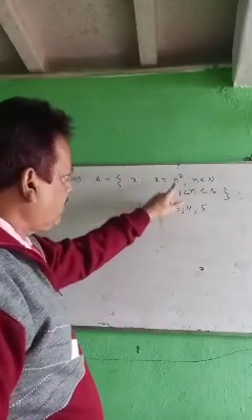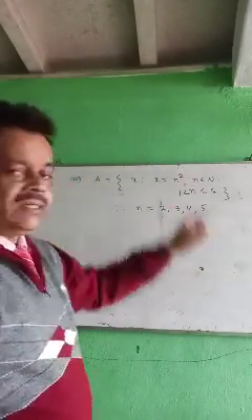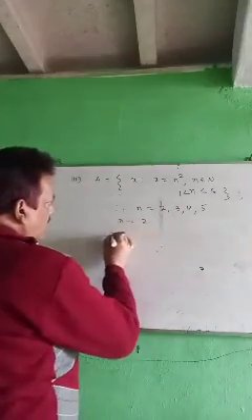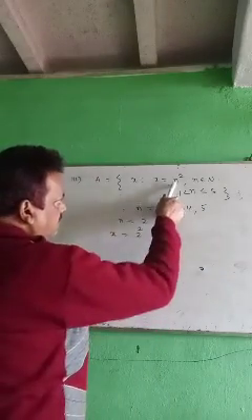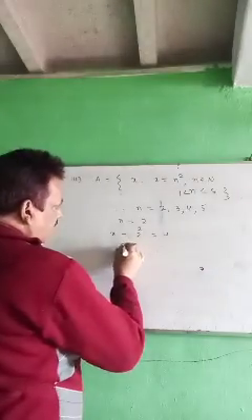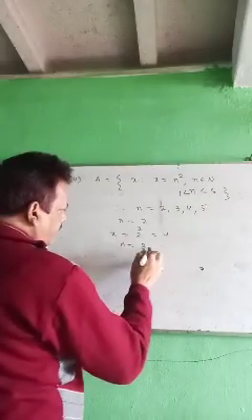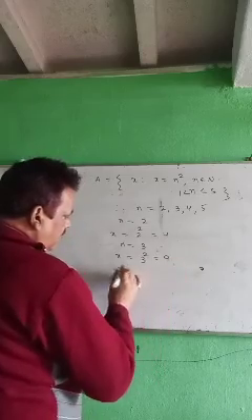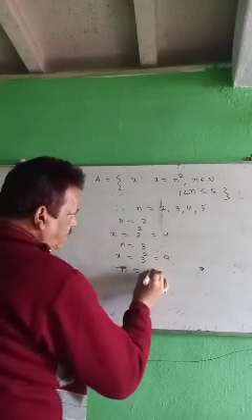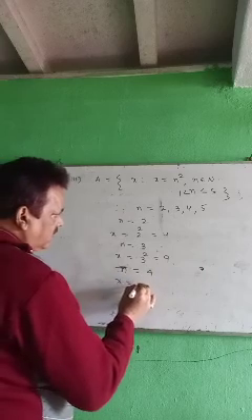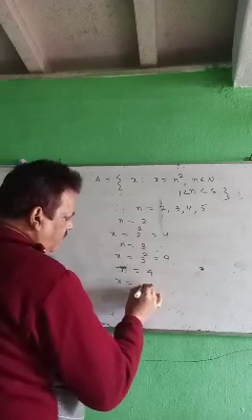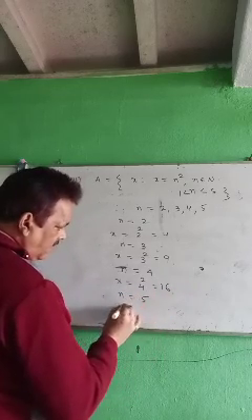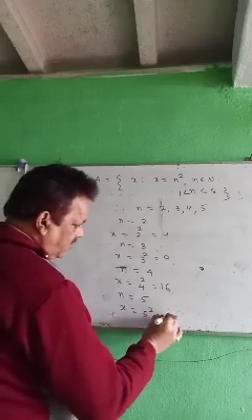Now put these n values in x is equal to n square form. So you will get, for n equals 2, x is 2 square, because n square, that is 4. n equals 3, x will be 3 square, that is 9. n equals 4, x is equal to 4 square, 16. n equals 5, x is equal to 5 square, that is 25.